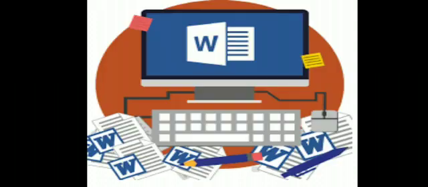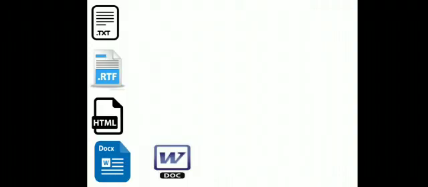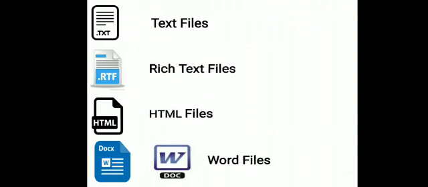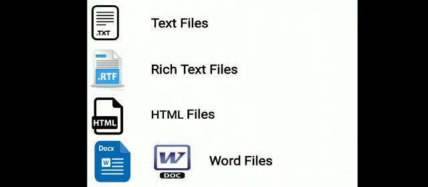Word processing can create multiple types of files, including the text file, the extension is .txt. Second, rich text file, the extension is .rtf. The third one is HTML, the extension is .html.